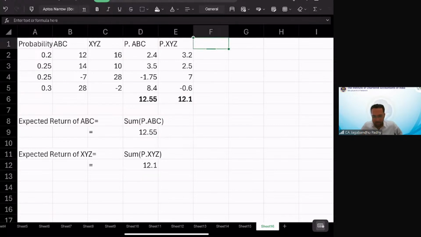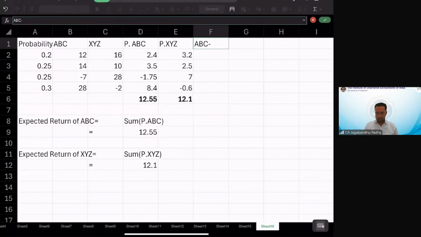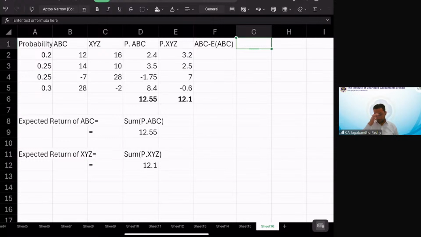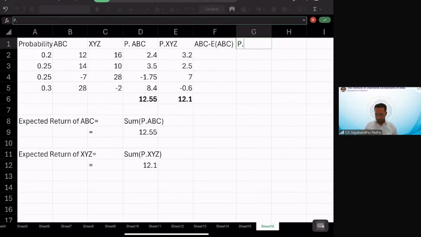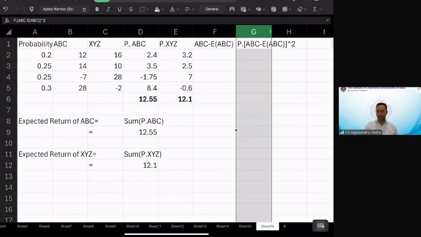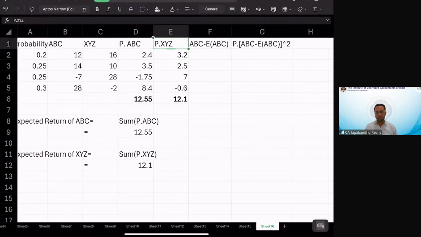To compute that, what we'll need is first ABC minus the expected value of ABC, or we can say the average of ABC, and then we multiply the probability with this term, which is ABC minus expected value of ABC, but this needs to be squared. Same way, you have to do it for XYZ also.